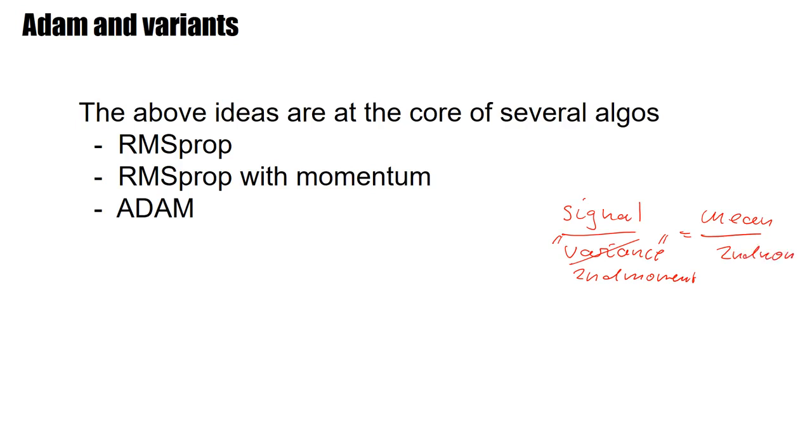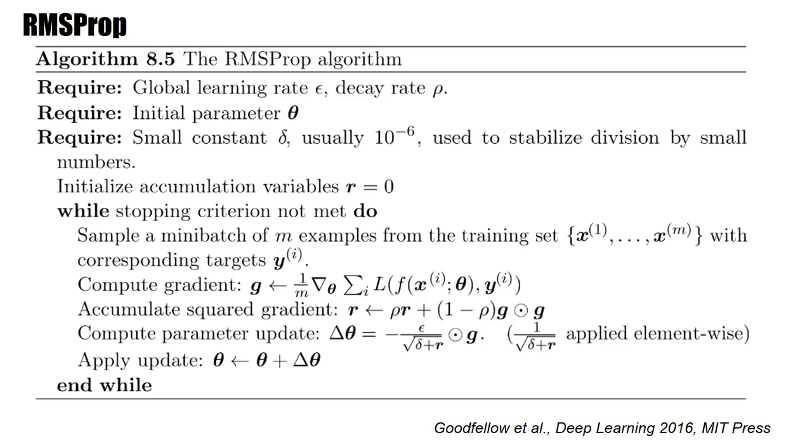And now let's look at these algorithms in their detailed pseudo-algorithm version. So in this notation, parameters are called theta, and the gradient is called g. And this gradient is a mini-batch of size m, averaged over this mini-batch, so I have a 1 over m in front.